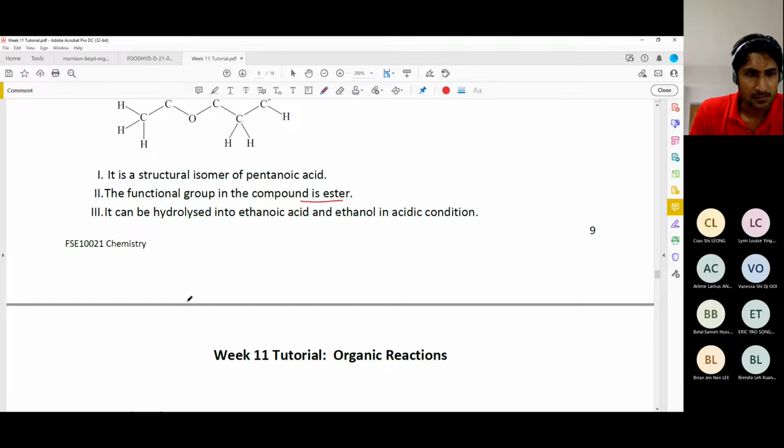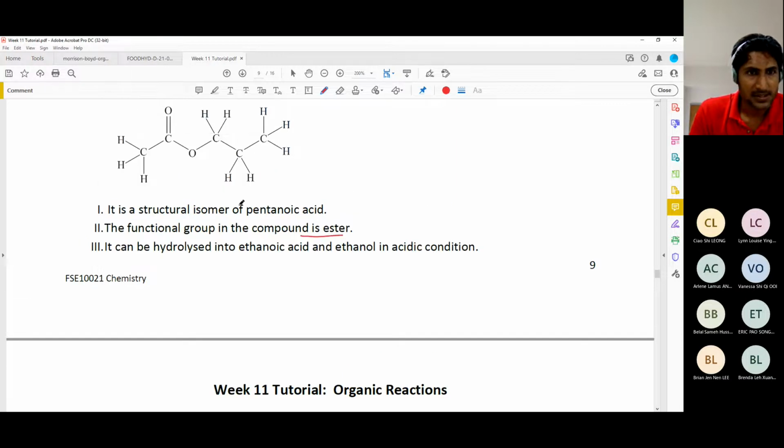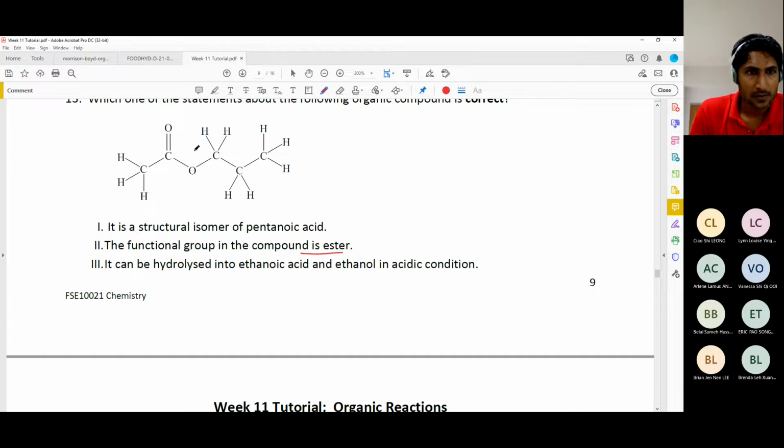If we break it down from here, we see methane, ethane, propane, so it is propanol and ethanoic acid. So ethanoic acid will be produced if we do hydrolysis, but it will not produce ethanol.